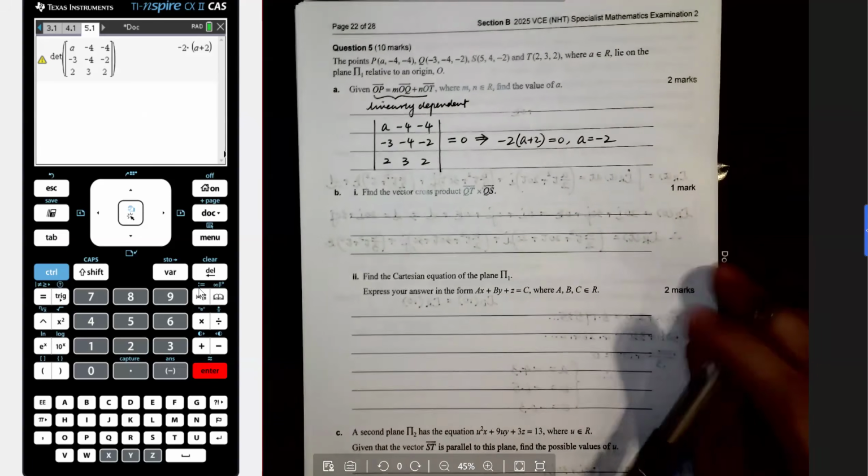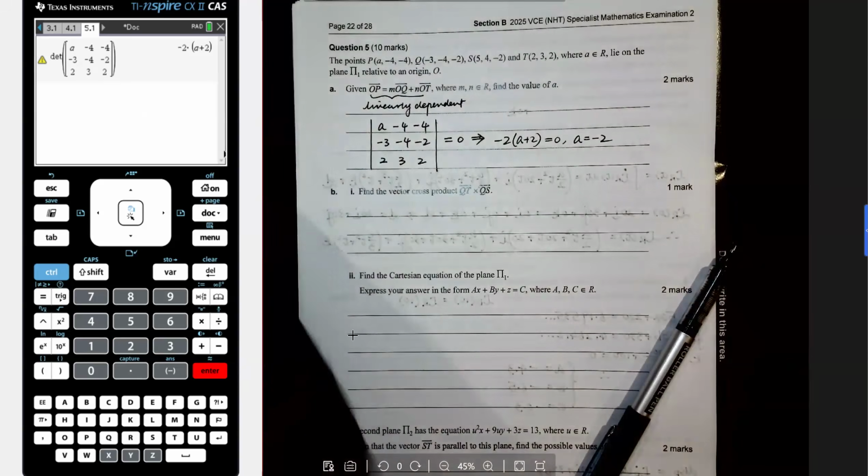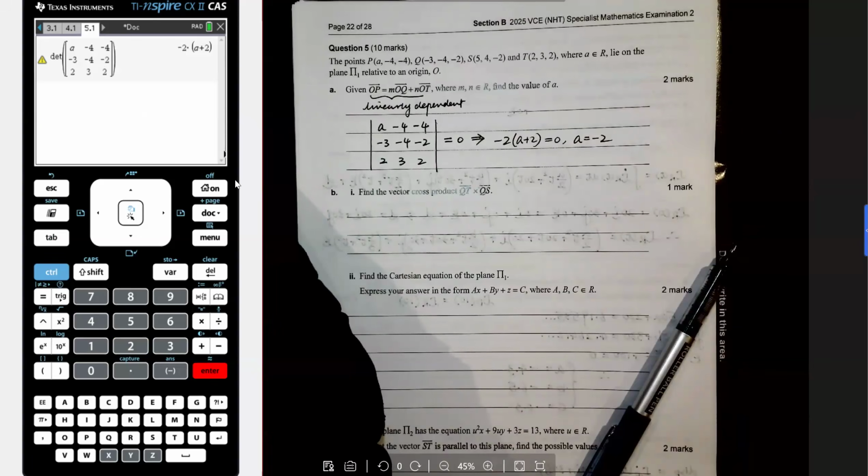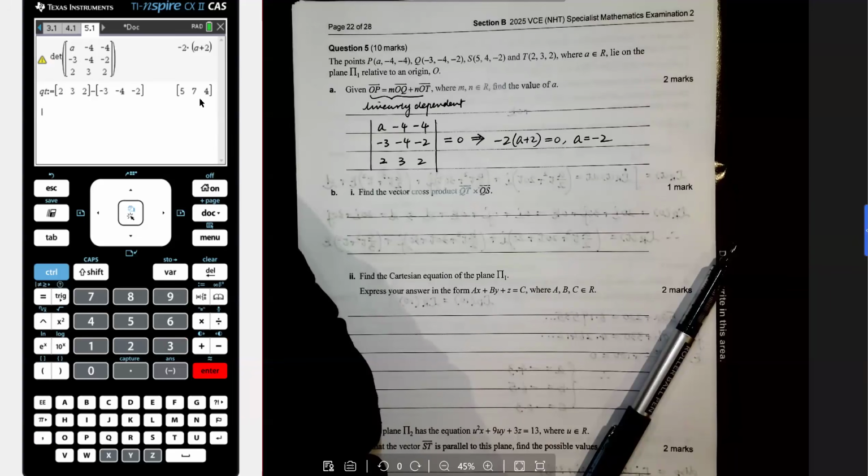If you want to find the vector cross product of QT times QS, I'll first get QT, which is OT minus OQ, so (2, 3, 2) minus (-3, -4, -2). So I get a vector like that.